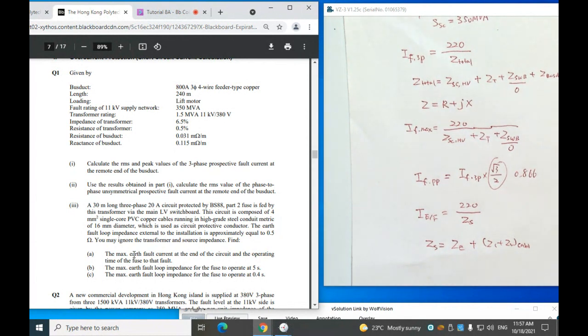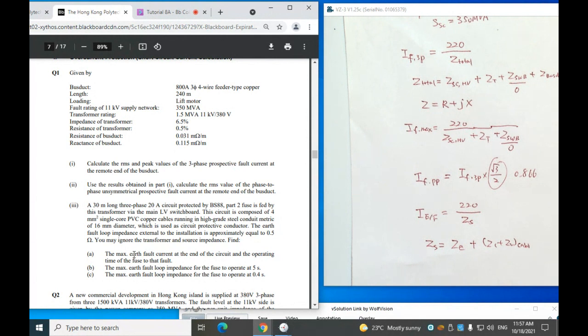In this case, as I said in the lecture, for the cable impedance, we have 2 different tables. We can use 2 different tables to figure out the impedance for the cable.